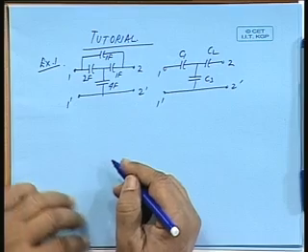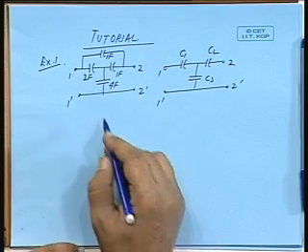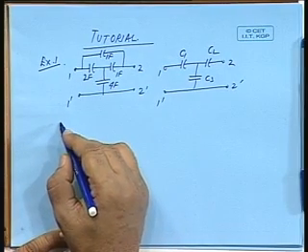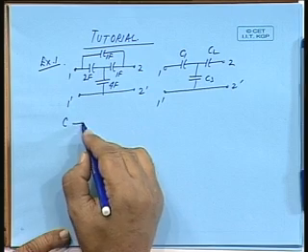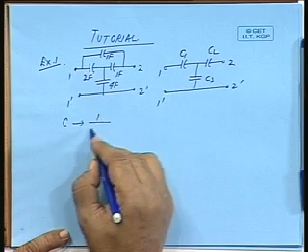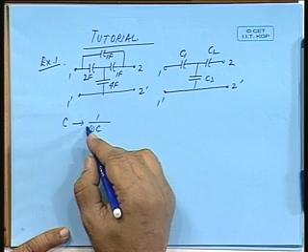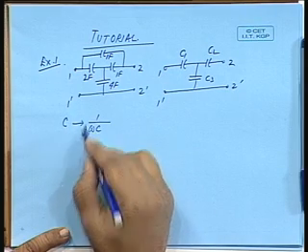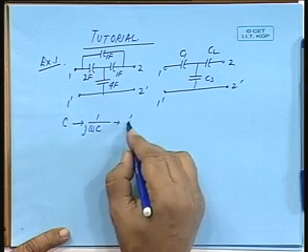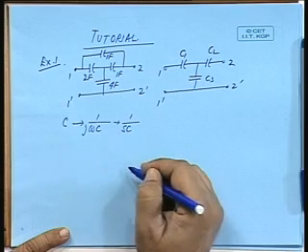Now, in this case, as you know, a capacitor has an impedance. If you talk in terms of sinusoids, it will be 1 by j omega C. If you talk in Laplace domain, it will be 1 by SC.